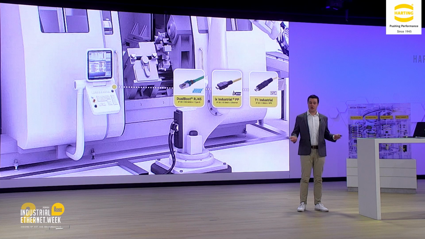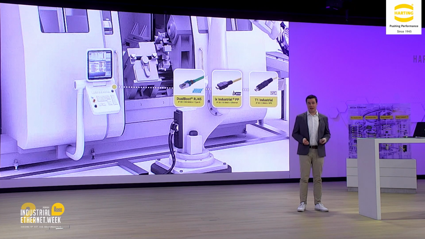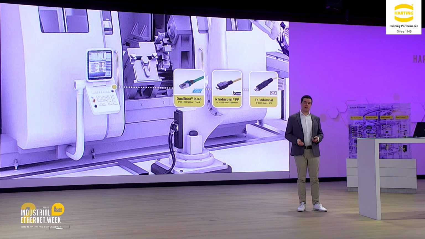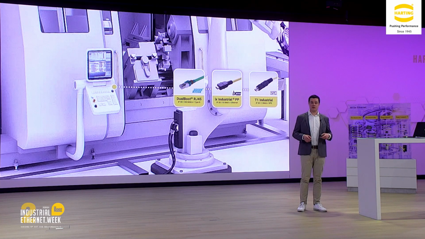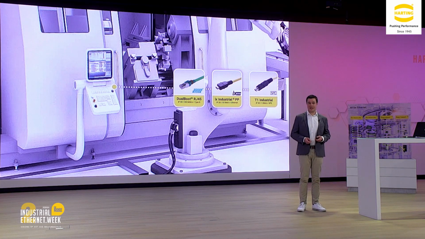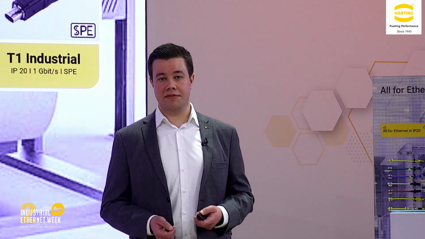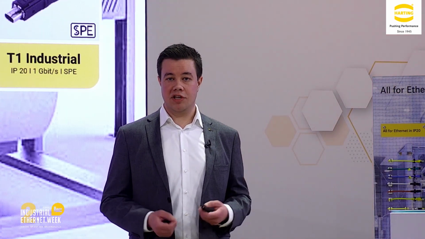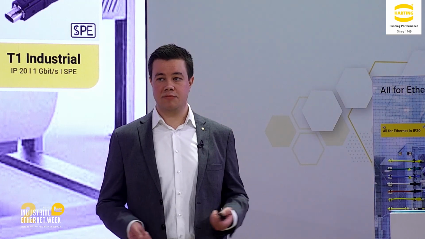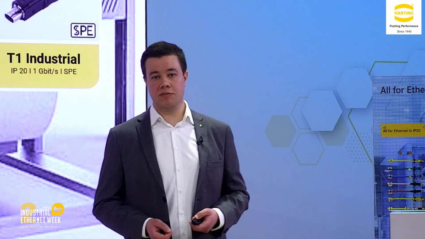So here you can use the standard well-known RJ45 for connection to your HMI, but it's also possible to switch to newer interfaces for your data transmission, like the HARTING iX Industrial. It's a similar interface to the RJ45, but much smaller, especially on the PCB side, so space savings of up to 70% on the PCB are possible.